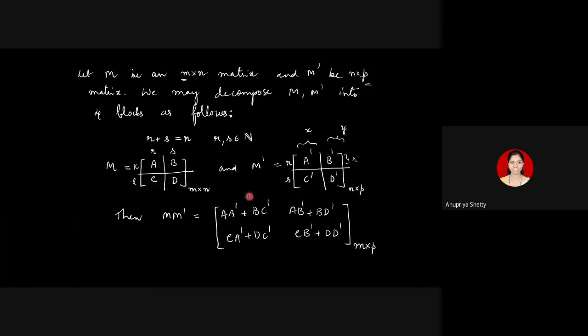These blocks will have X columns because of A dash and C dash. When I come to these blocks, there come B dash and D dash, and the number of columns in B dash, D dash is Y. So here also you'll get Y columns. X plus Y is P. So the number of columns in this matrix is P. Number of rows in this matrix is M.